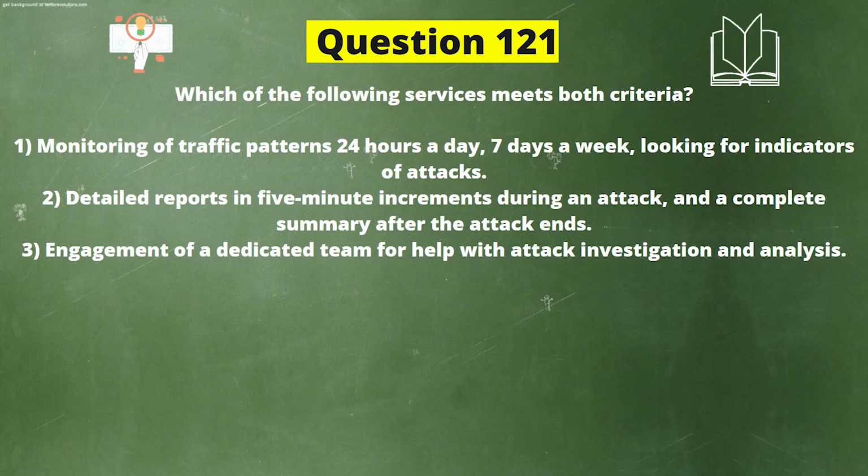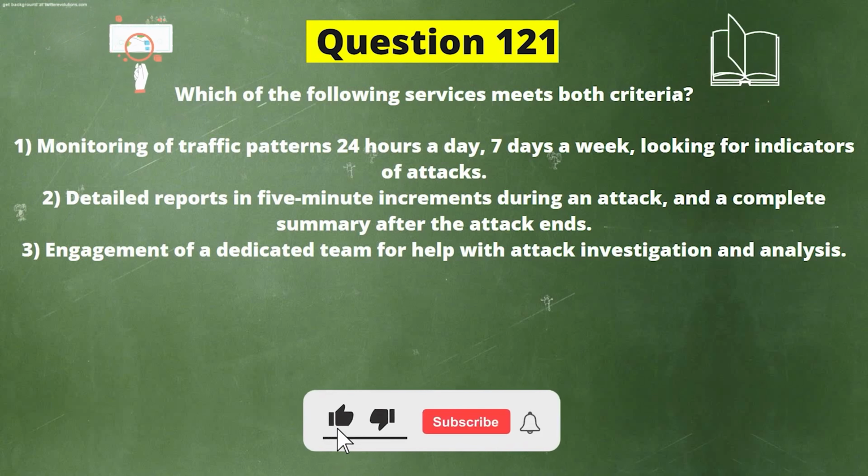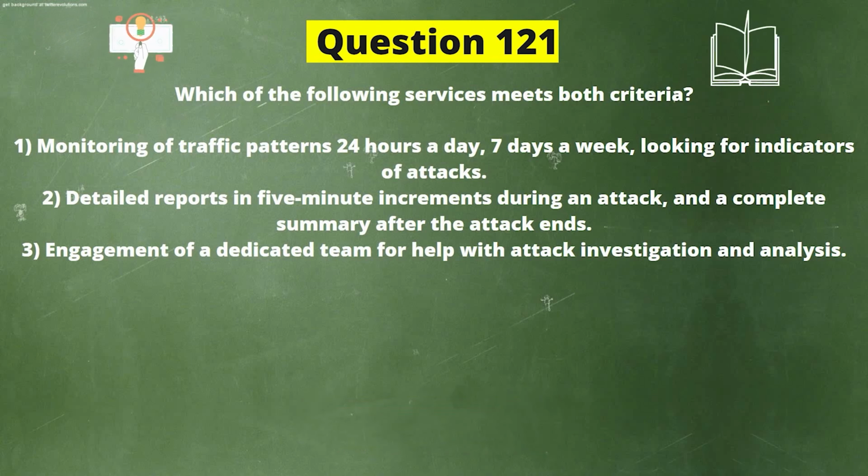Next question. Which of the following services meets both criteria? Number 1. Monitoring of traffic patterns 24 hours a day, 7 days a week, looking for indicators of attacks. Number 2. Detailed reports in 5-minute increments during an attack, and a complete summary after the attack ends. Number 3.